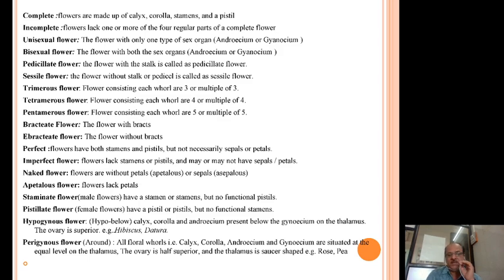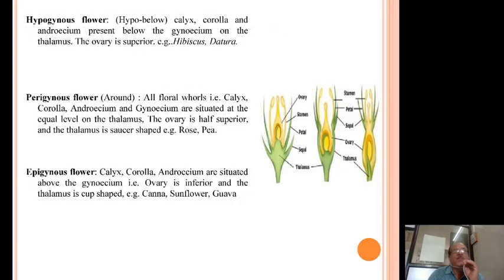Then in the next case, you have flowers categorized according to the insertion of floral whorls on the thalamus. Now, what is insertion? Insertion is nothing but, especially in the case of boys, you might have the habit of tucking your shirt into the pants.